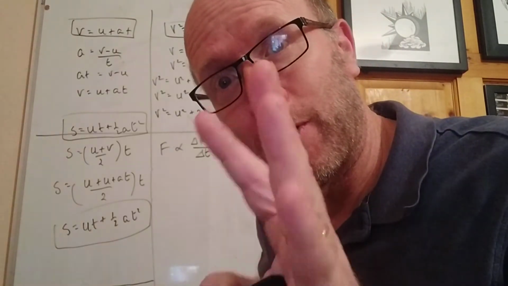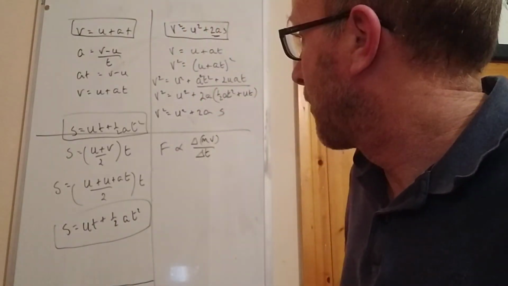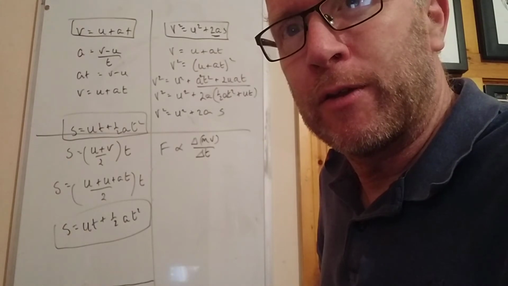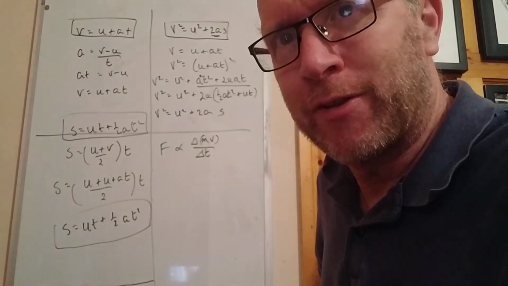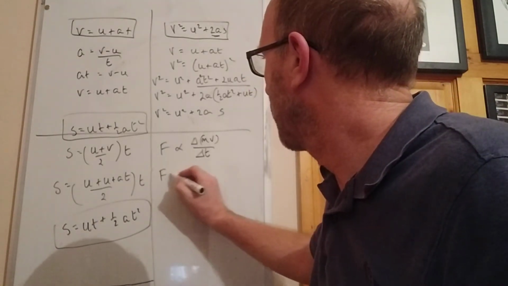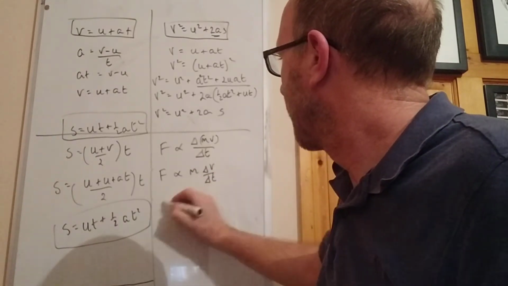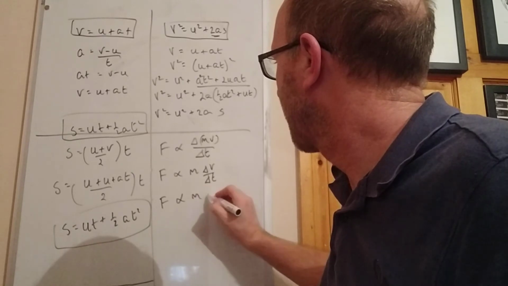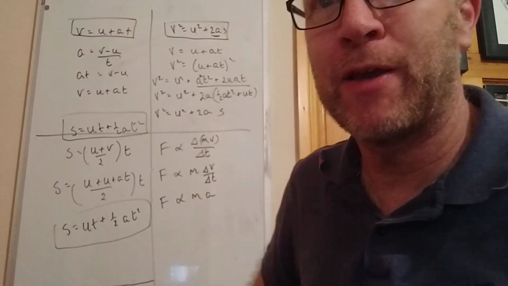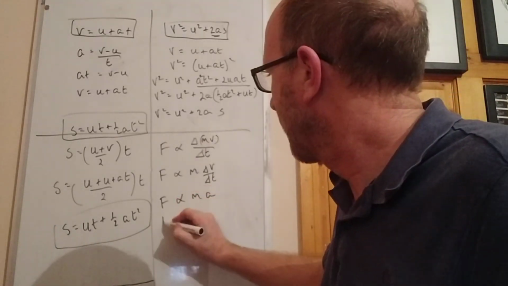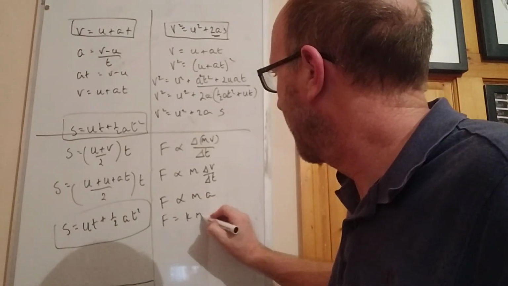Okay, and that's what we always have in physics, right? Okay, the change in momentum will be caused by a change in velocity, not a change in mass. So you take out the mass, and you're left with that. We know that delta v over delta t is equal to a, so we write F is proportional to ma. If it's proportional, it's equal to a constant times ma.